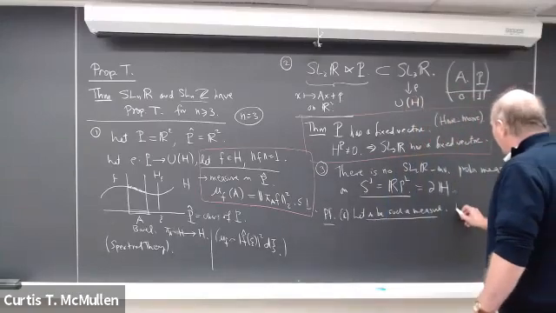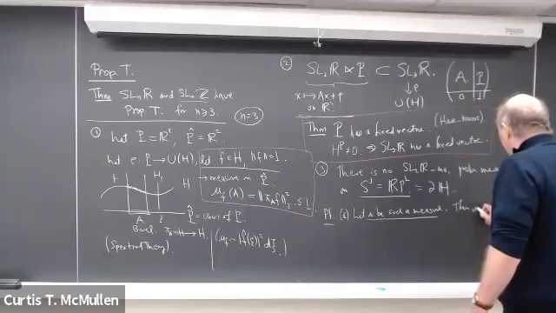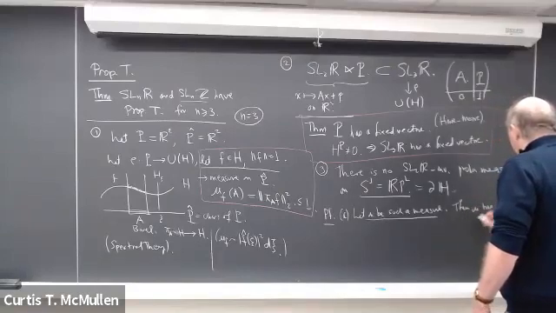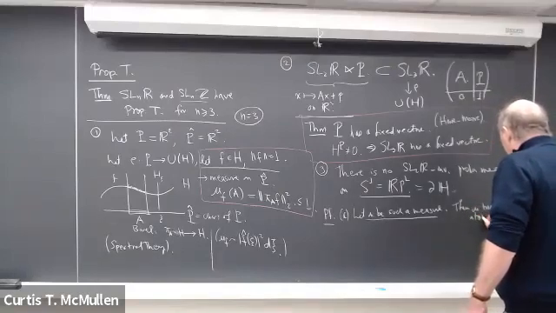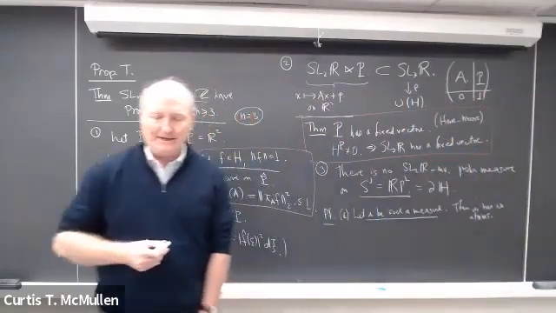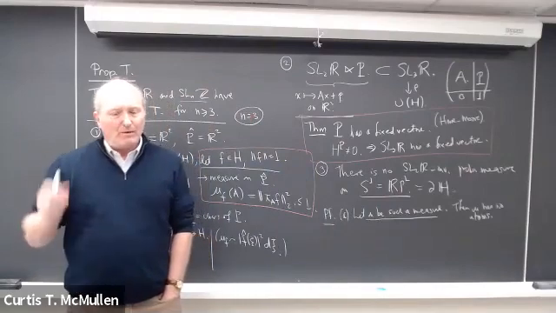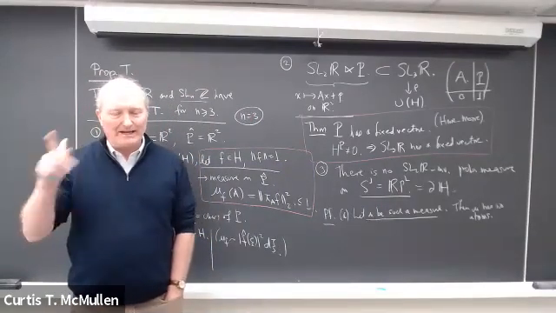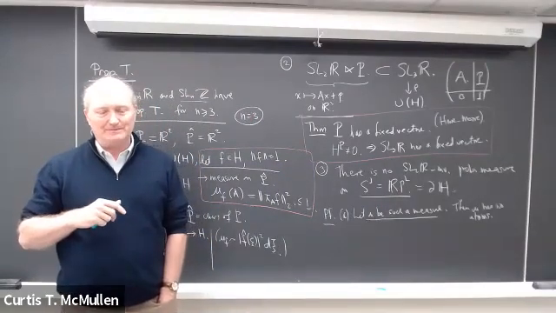Then the first thing to notice is that mu has no atoms. That is, it can't assign positive mass to one point. It has to be diffuse. Why can't an invariant measure have atoms?